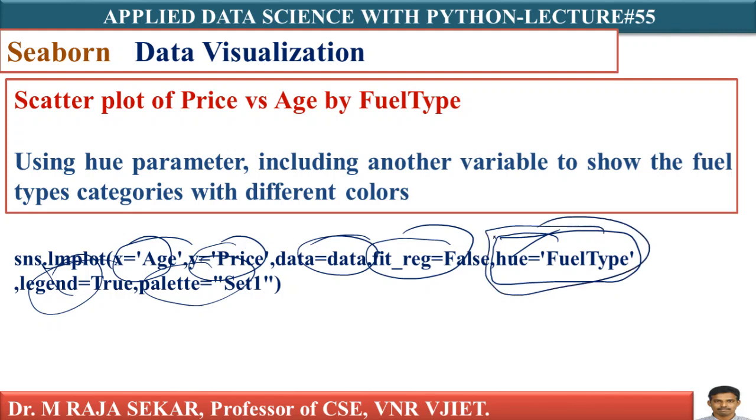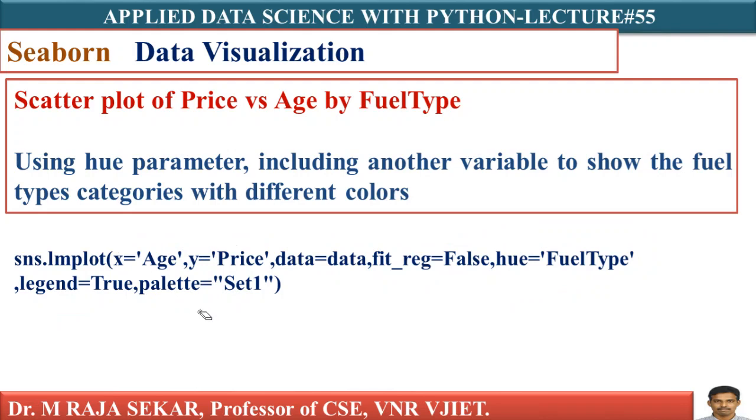Now we will try to understand this one. Let me show this one. Let me explain again, we are going to represent the fuel type with respect to different colors. Here we are going to do that by using the command called lmplot.